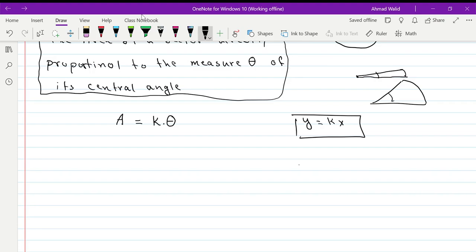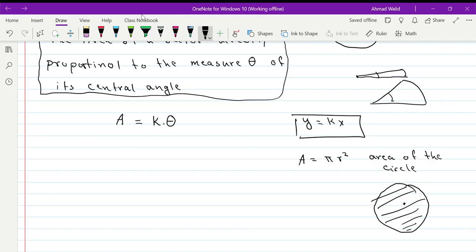The area of a circle is pi r squared. That's the formula for the area of the circle, right? And when I'm talking about the area of the circle, it means all the area that you have, this area, correct?